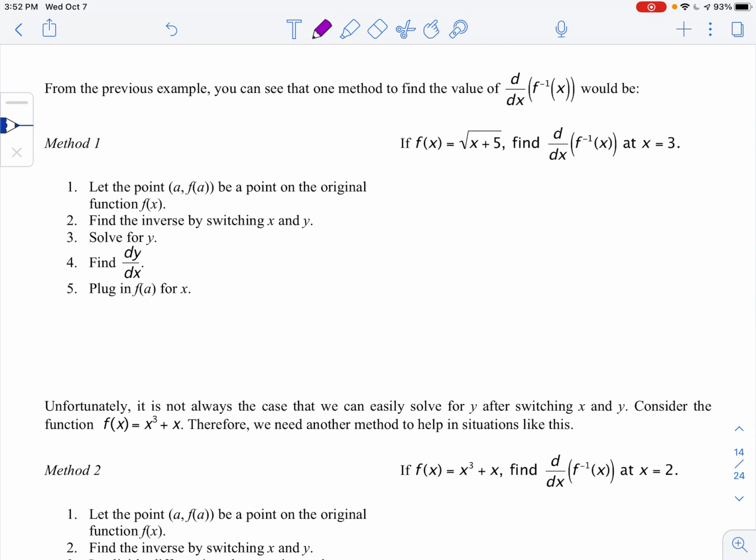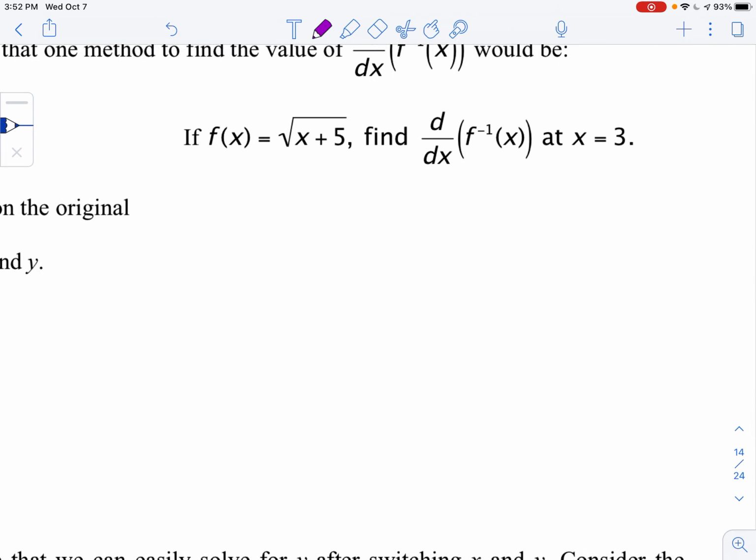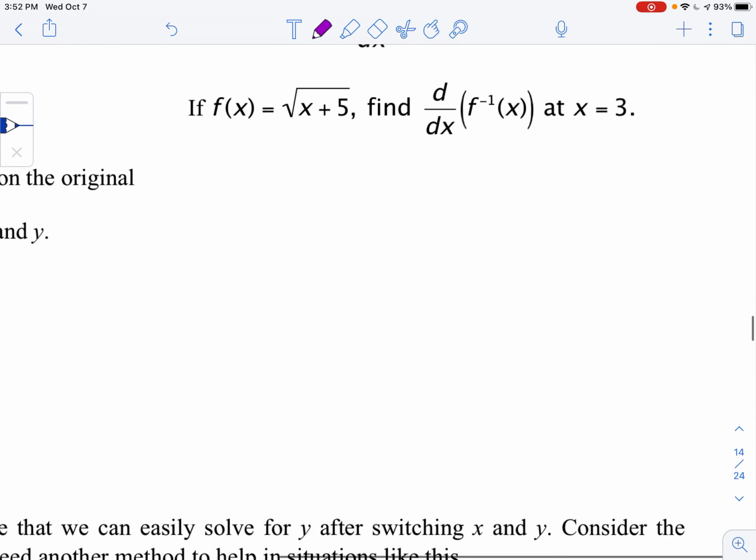If you take a look at this first example, it says if f of x equals the square root of x plus 5, find d/dx of the inverse function at x equals 3. This is an x of the inverse function. So on f inverse of x, this is the point 3 comma something.